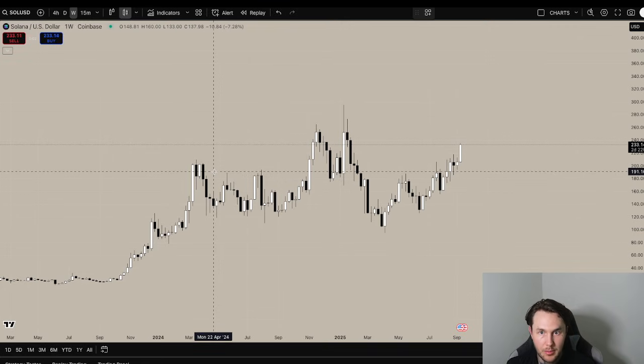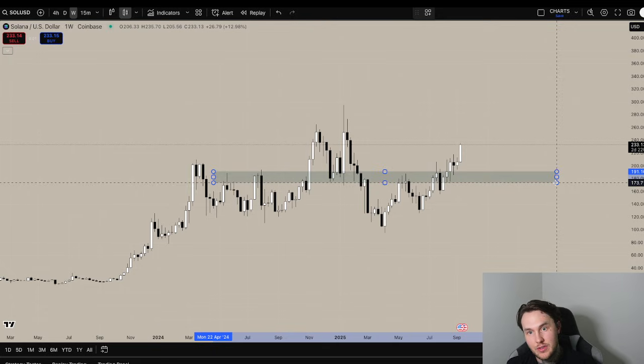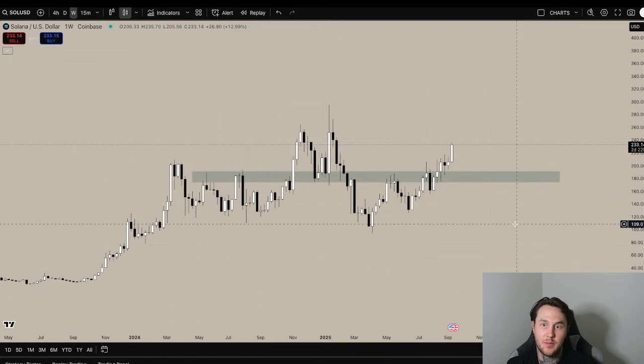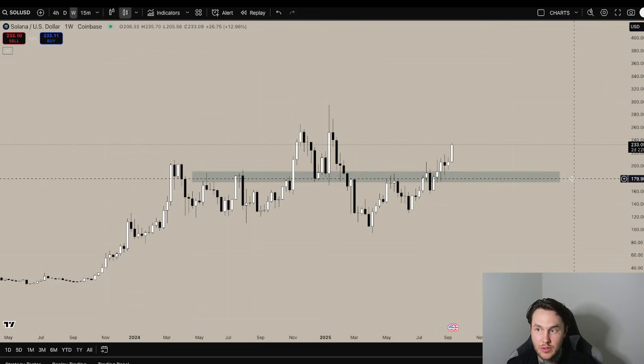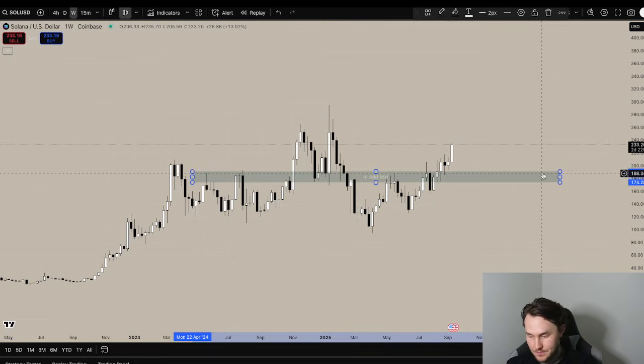People see these zones, institutions see these zones, and people are looking to enter at these positions. And if you want to get into a little more psychology, a lot of people are looking at round numbers. If you're looking at 180, 200, 250, a lot of people are also looking at these round numbers for a psychological aspect.